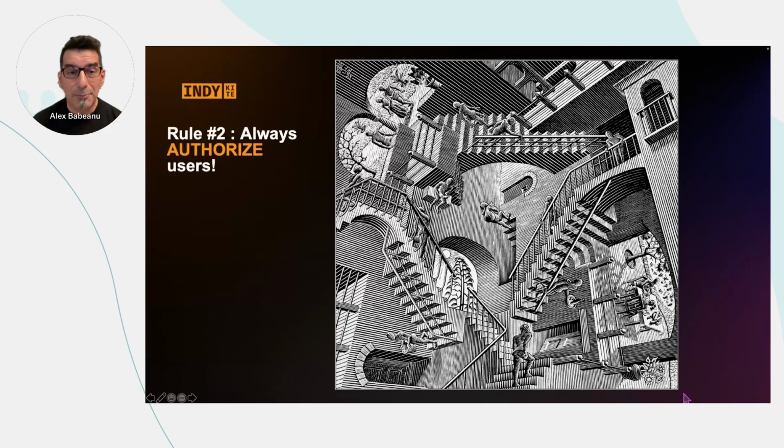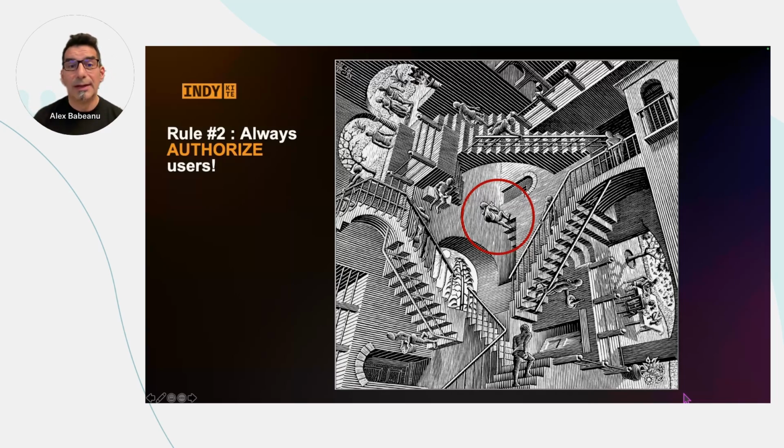Now, authorization happens once you've authenticated your users, once they're into your castle, and basically you want to know which rooms your users are allowed to enter, which staircases to take. In particular, you want to avoid this. You want to prevent this thief from stealing anything from your castle. So that's what authorization is: authorizing any action that a user takes in your own domain, in your own castle.